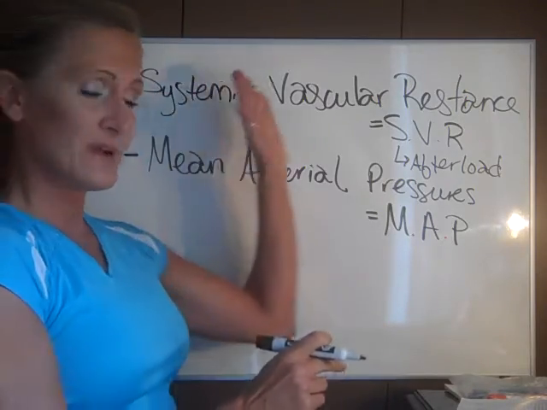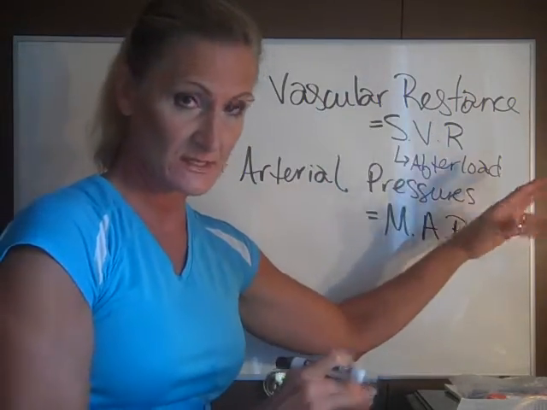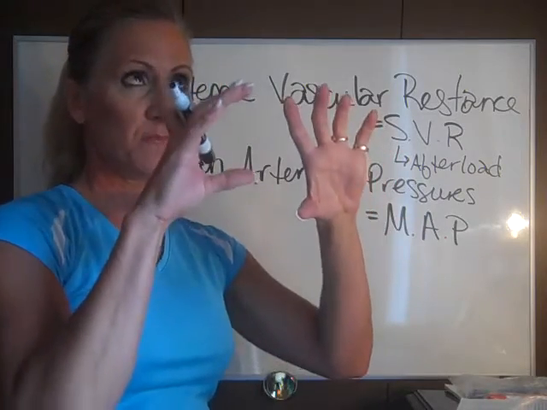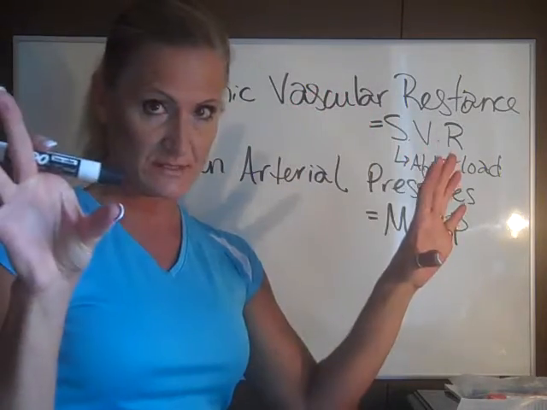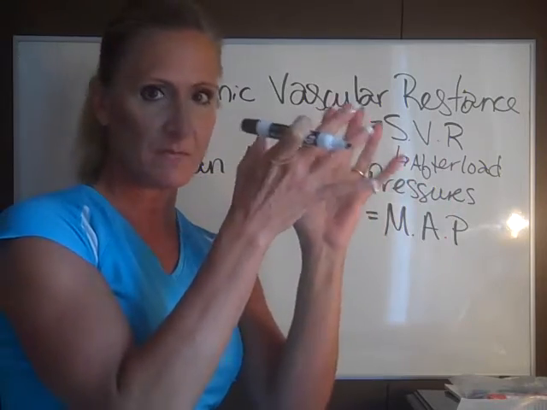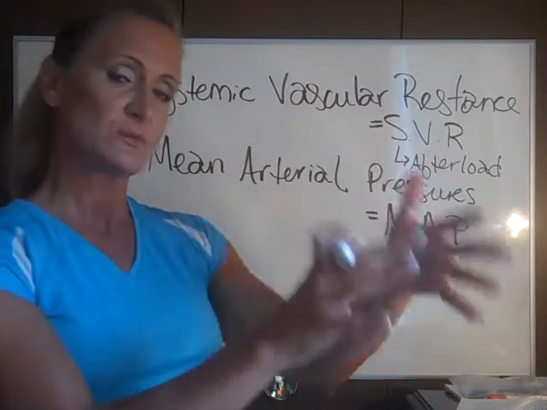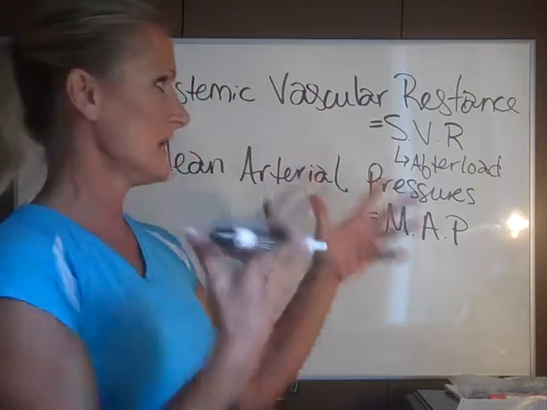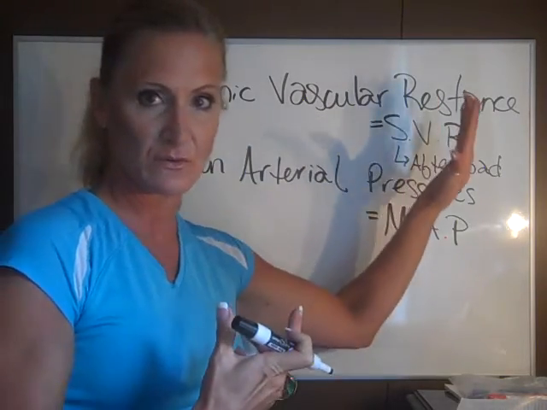Your systemic vascular resistance is a measure of the entire vascular system. So you take your mean arterial pressure, you subtract your central venous pressure to get your systemic vascular resistance.